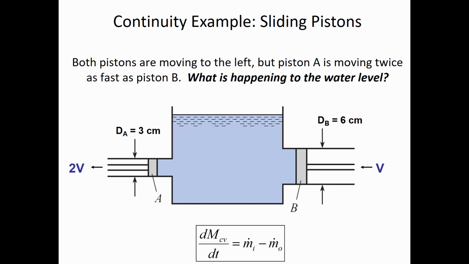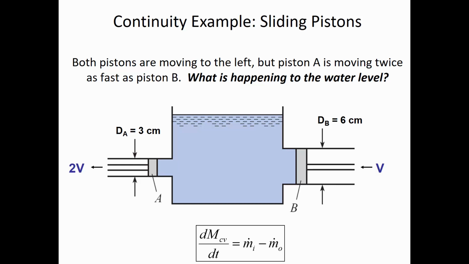So now, let's put it into a mass basis. We can write dm in the control volume dt is density times Q in minus Q out. What I've done is I've just rearranged the mass flow rate. I can take the density term out of both the in and the out, and so that's why it's on the outside there.